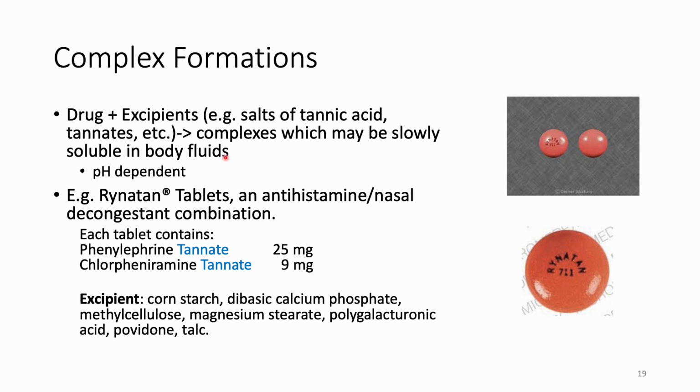An example of this complex formation is Rynatan tablets, an antihistamine and nasal decongestant combination. Each tablet contains phenylephrine tannate, chlorpheniramine tannate, and excipients like cornstarch, dibasic calcium phosphate, methylcellulose, magnesium stearate, polygalacturonic acid, povidone, talc, etc.